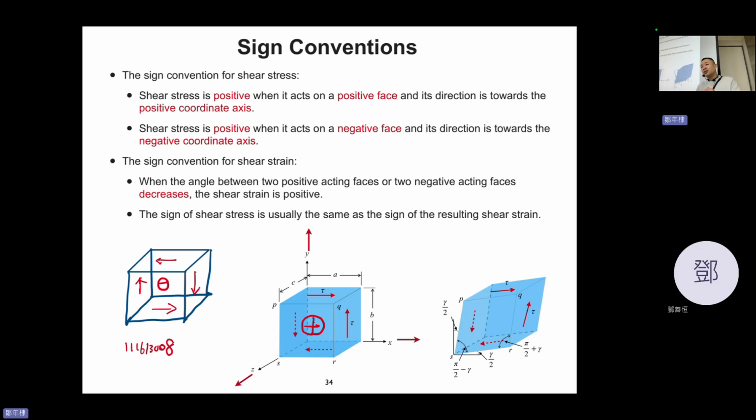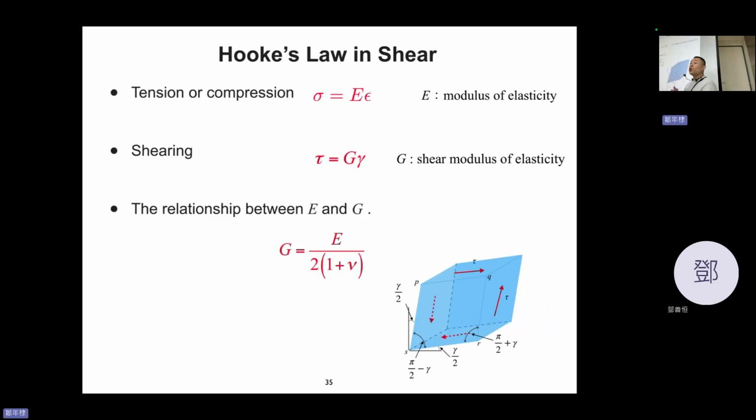So negative times positive is negative. Okay, that's how we define the shear stress as positive or negative. Okay, and that's it. Ooh, difficult, right? Next one, Hooke's law in shear.